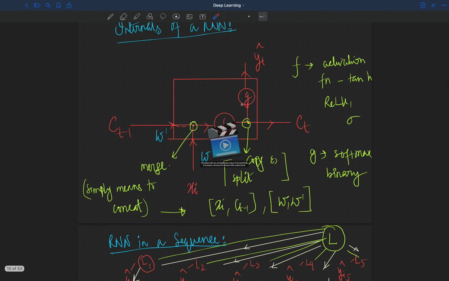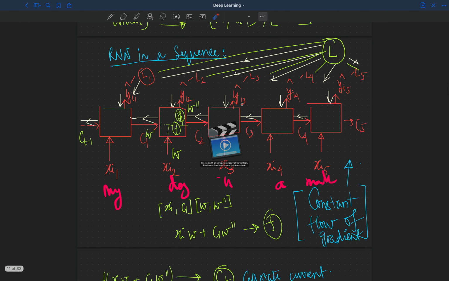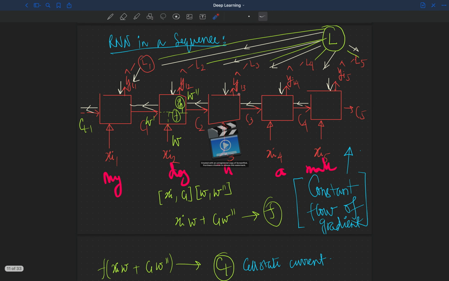If we go to the internals of RNN, this is the structure of an RNN in a sequence. For instance, here is an RNN block, here is an RNN block, here is an RNN block, and so on. We need it for sequential data.